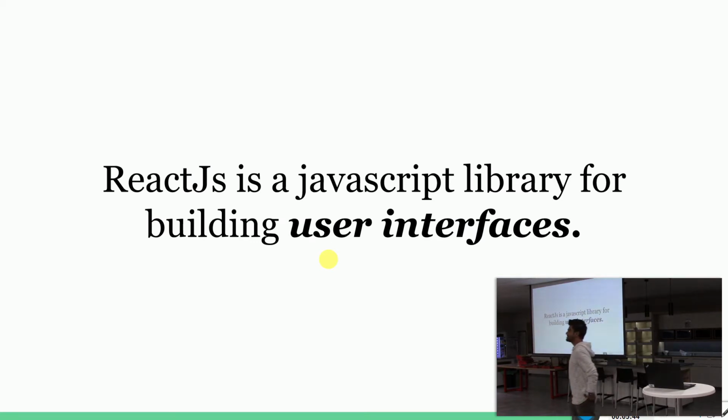Talking about ReactJS, this is the official one-liner introduction, which says ReactJS is a JavaScript library for building user interfaces. So in React, we build user interfaces, that everyone knows. But why user interface? That's why I have made it more bold. A user interface is generally one area where the user interacts with it, right?